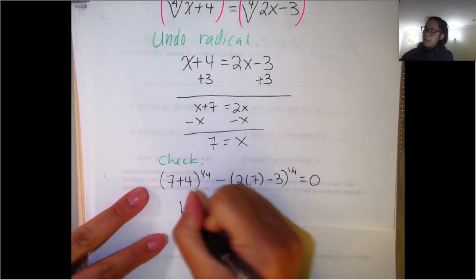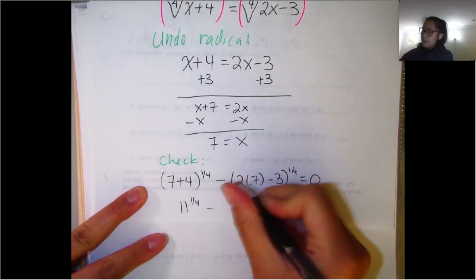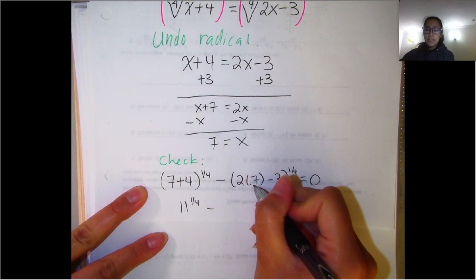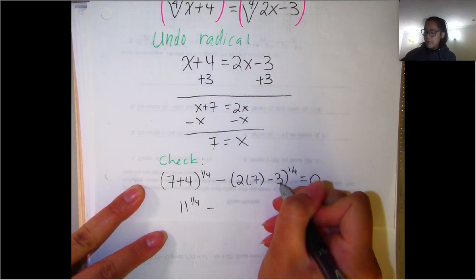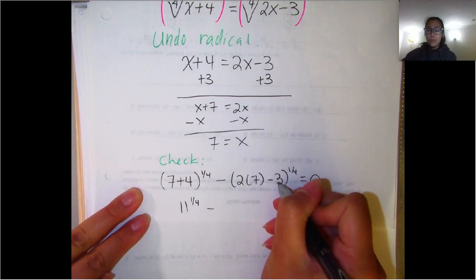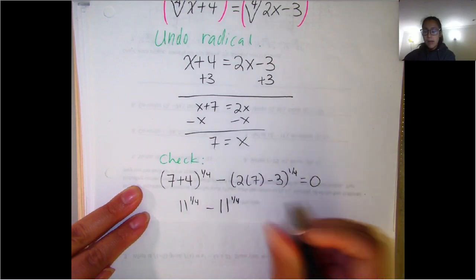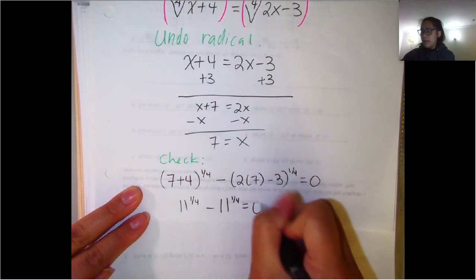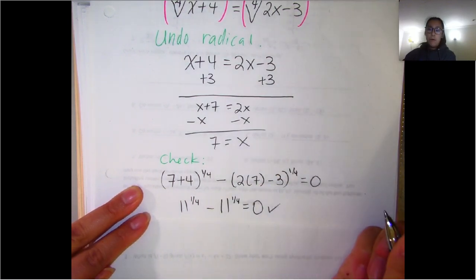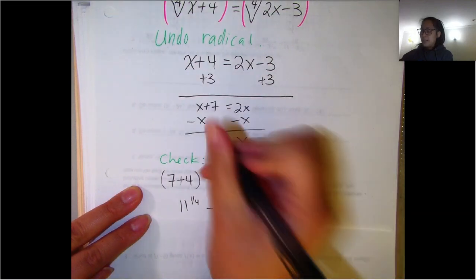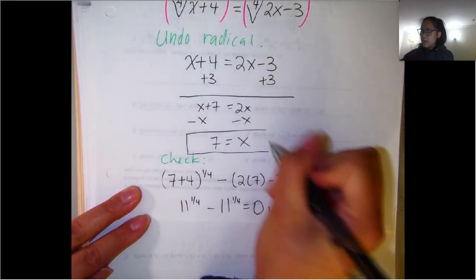So you have 11 to the 1/4 minus, and then 2 times 7 is 14, minus 3, which is 11. So you have 11 to the 1/4 power here as well, and that equals 0. And so it checks. Therefore, our solution is, in fact, x equals 7. We can box that.